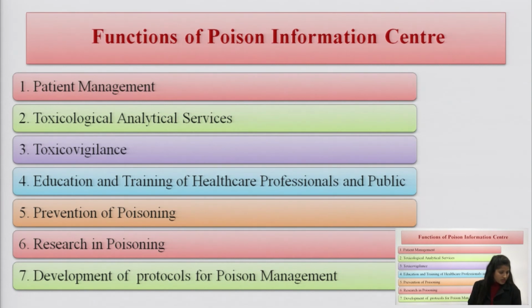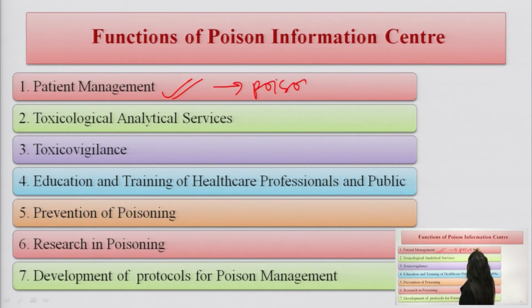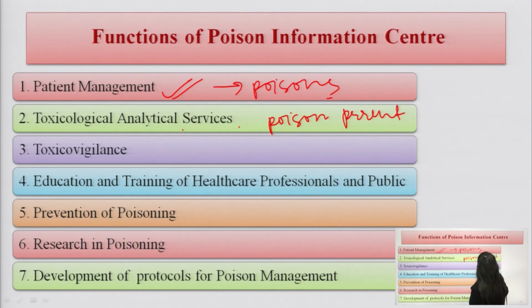Now there are some functions of Poison Information Centers. As the Drug Information Center works, similarly the Poison Information Center works for patient management, of course related to poisons: how to reduce the signs and symptoms and the death rate. Toxicological analytical services means aspects of the poisons present in the body. Which type of poison it is? What is the dose?